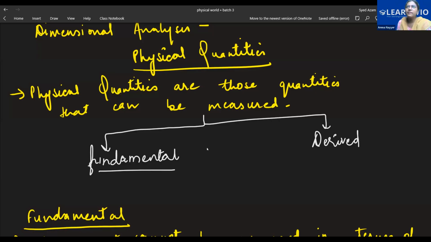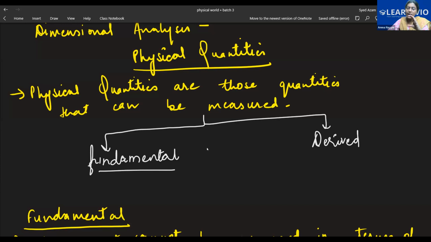For example, length is the basic quantity. You just measure it, and whatever the reading on the scale is called length. Length has no unique formula of its own, because it's a basic fundamental quantity.